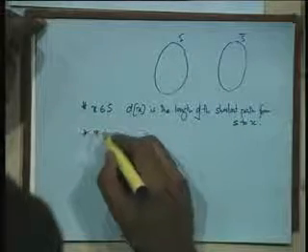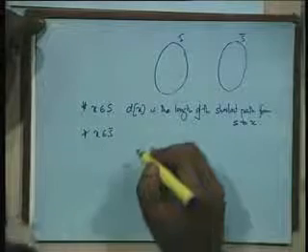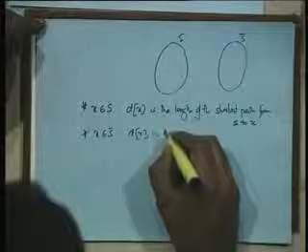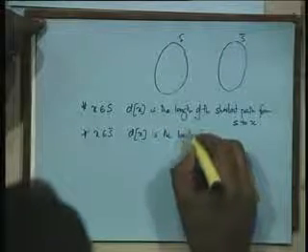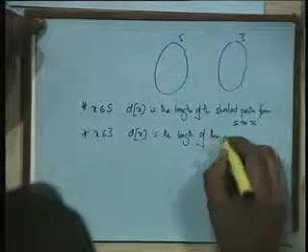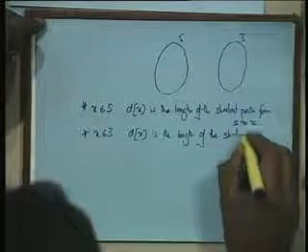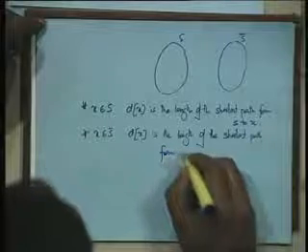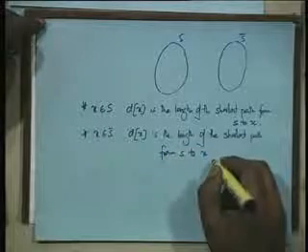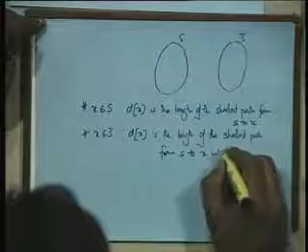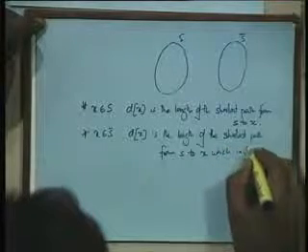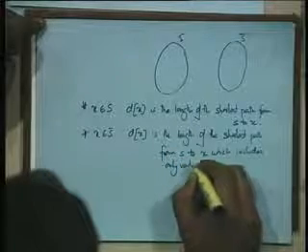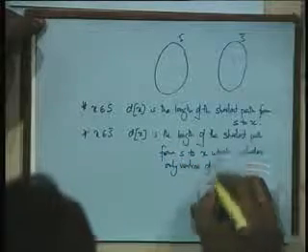For all x in S complement, D of x is the length of the shortest path from S to x, which includes only vertices of capital S.